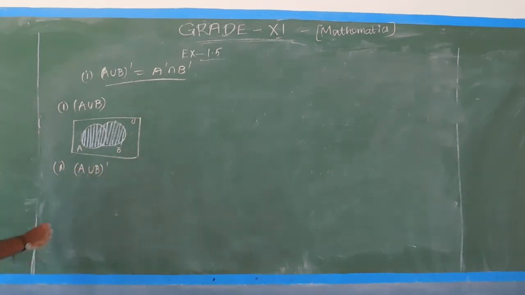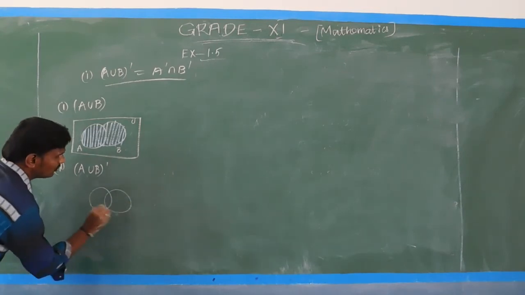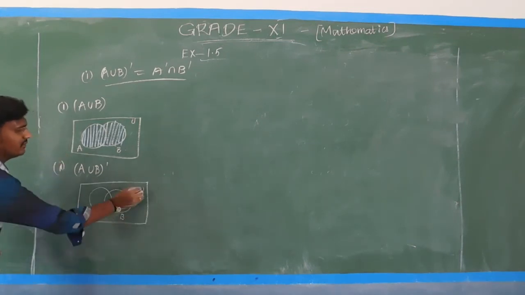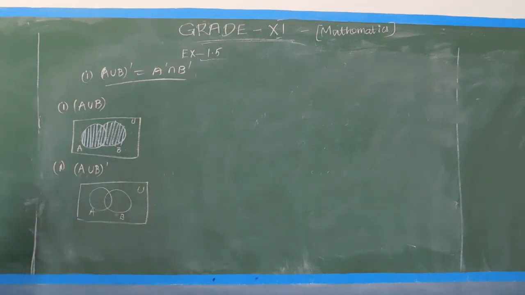A union B the whole dash means everything mentioned: A, B and universal.